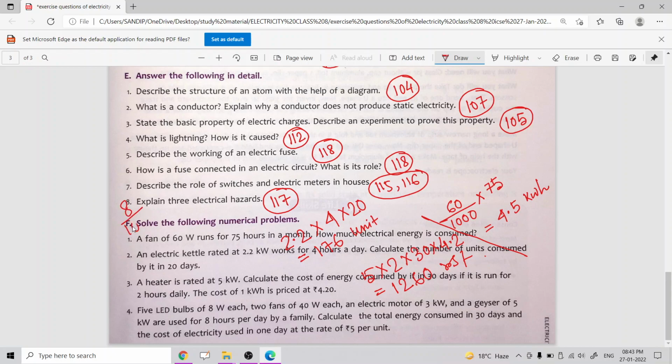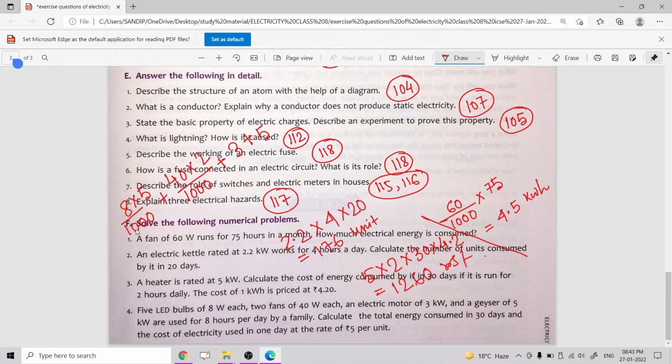Okay, and the last one, that is 5 LED bulbs, 80 watt each, that means 80 by 1000 kilowatt. For 5 bulbs it is 5, and for 2 fans 40, so you can say 40 into 2 divided by 1000 also. And then an electric motor of 3 kilowatt, you just add 3, and the geyser is 5 kilowatt, so just put 5.